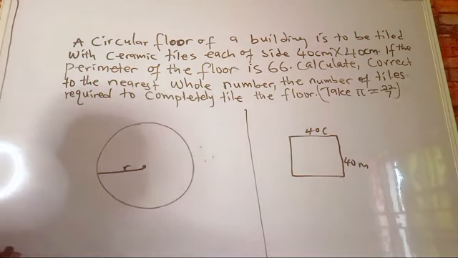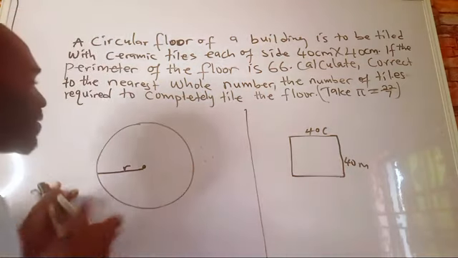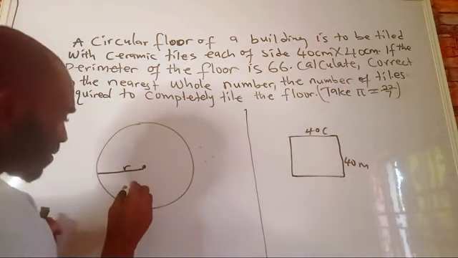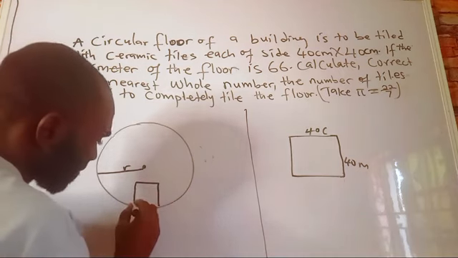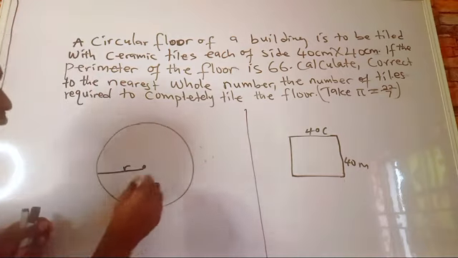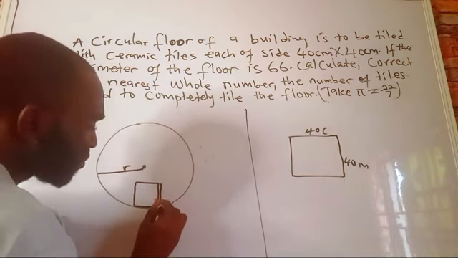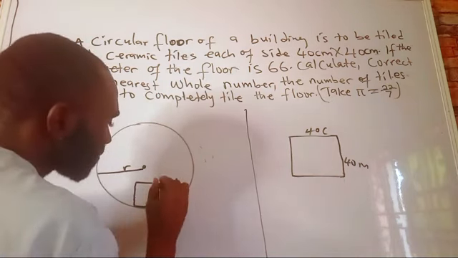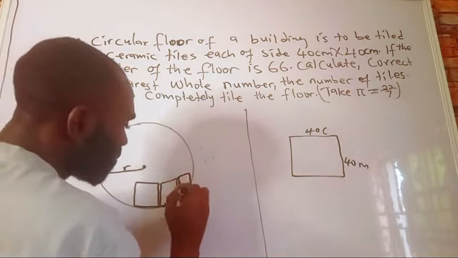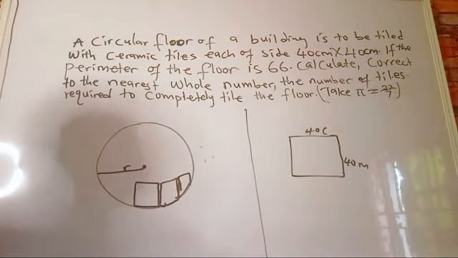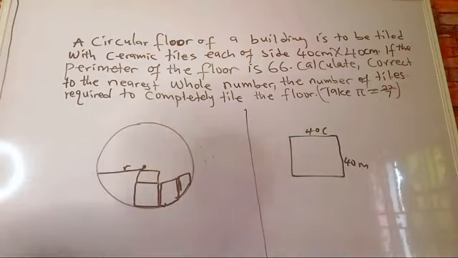This is the tile we're going to use, and this is the building. How many of them are you going to use in this building? We don't know how many tiles yet.